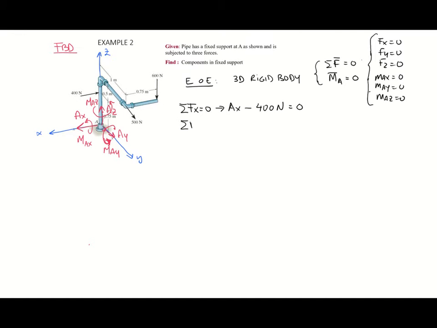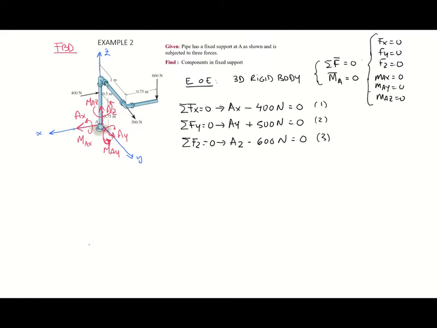Then add forces in Y. Then we have AY plus 500 newtons equals to 0. And forces in Z equal 0. And then we have AZ minus 600 newtons equals to 0. So those will be our first 3 equations, 1, 2, 3, and then we take moment.